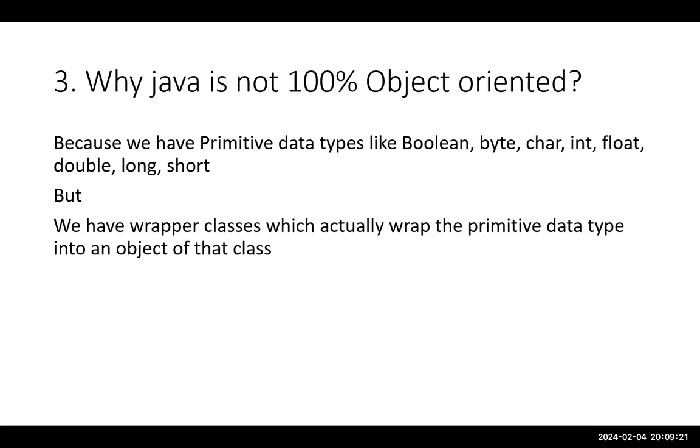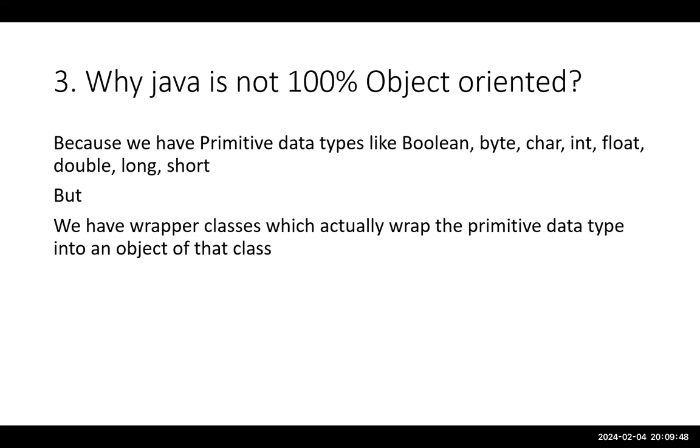Why is Java not 100% object oriented? Very popular question. Because we have primitive types. Sorry for my mistake, the B should be small in boolean. Boolean, byte, char, int, float, double are primitive types, and that's why Java is not fully object oriented.